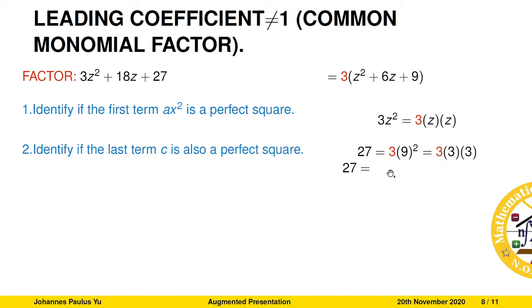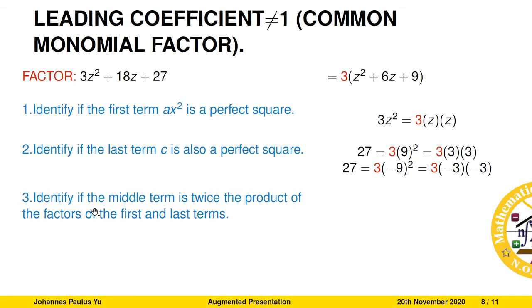Or it could also be 3 times the quantity negative 3 squared, which is also 3 times negative 3 times negative 3. So both of them can give us positive 27. However, since the terms in the given are all positive, we will take the positive factors, because the negative would not give a positive when paired with z. But since it is positive here, we take the positive.